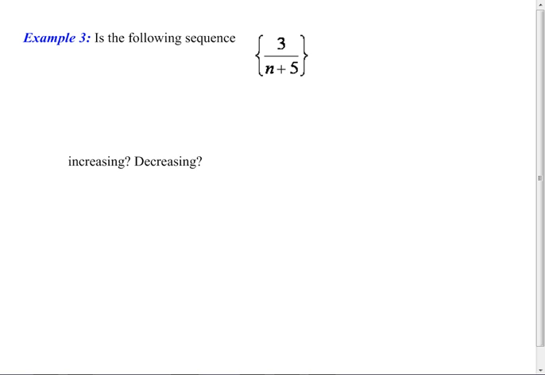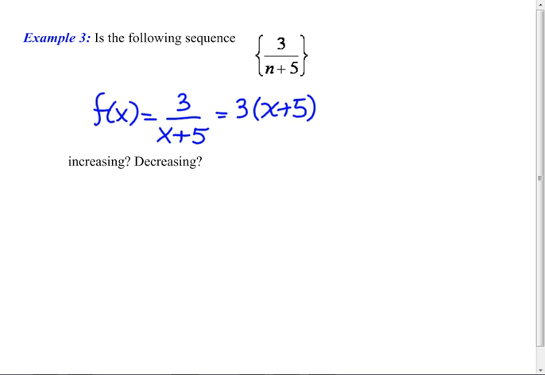So if I want to look at that sequence and know if it's increasing or decreasing, there's two ways to do it. I could look at the function f of x, which would be 3 over x plus 5, and I could look at its derivative. What's its derivative? Is it positive or negative? It's negative because when I do the power rule, f prime of x, sometimes that's the easiest way to do it.